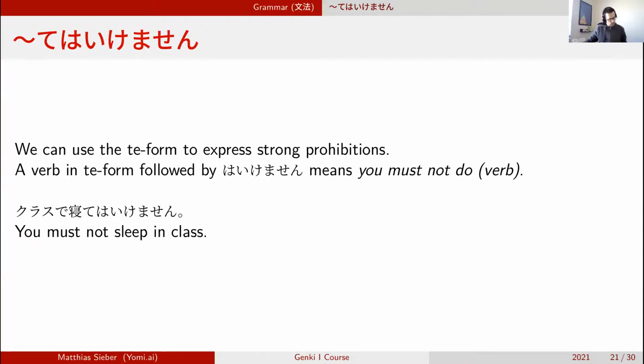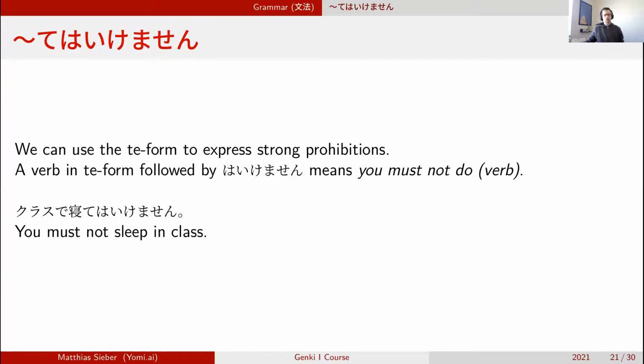In our example, someone is eating a snack, so you say, tabete wa ikemasen. You must not eat. So ichiban, what do we have here? Someone using a smartphone.